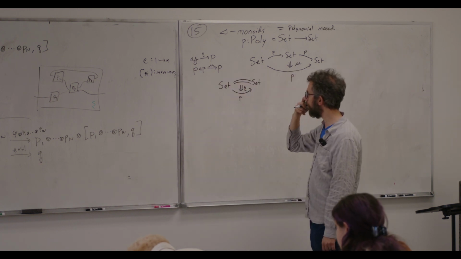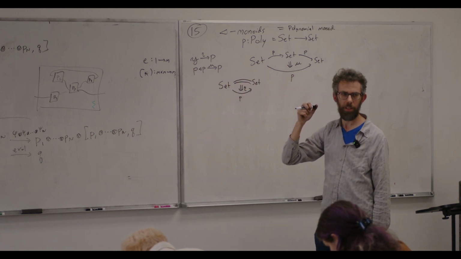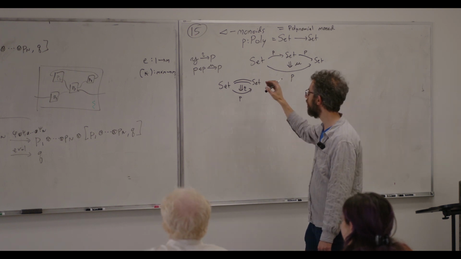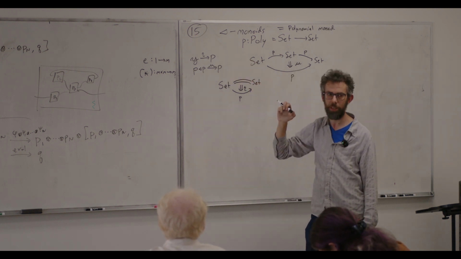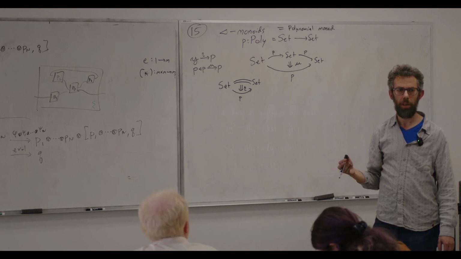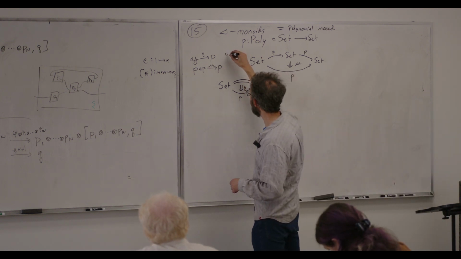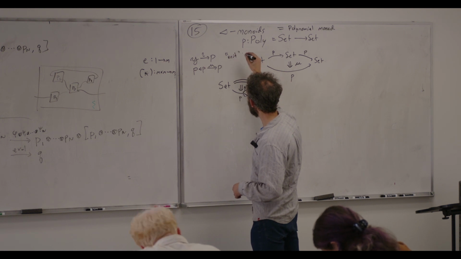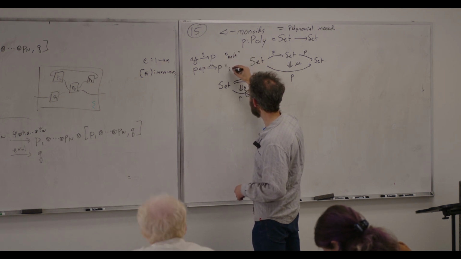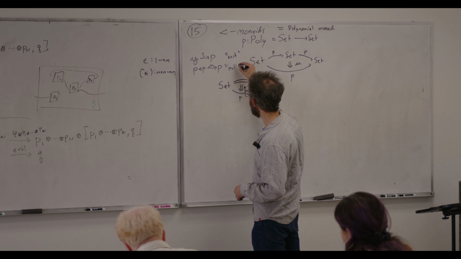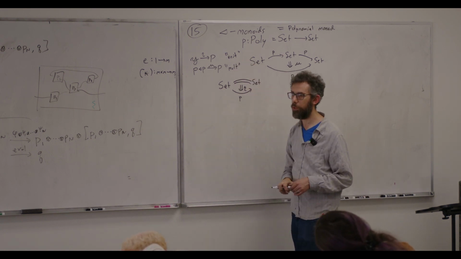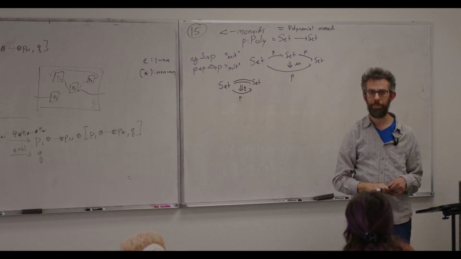But for some reason, I don't want to call it E and star right now. This will be called eta and mu, which is the more classical way that people notate these. This is called the unit of the monad. Functional programmers call it return. And this is called the multiplication of the monad. Functional programmers call it join.